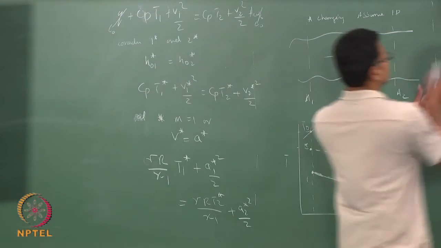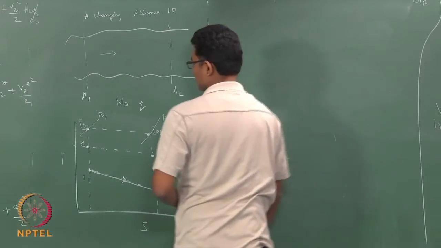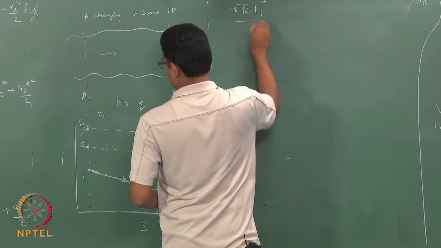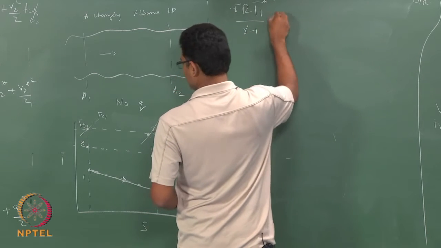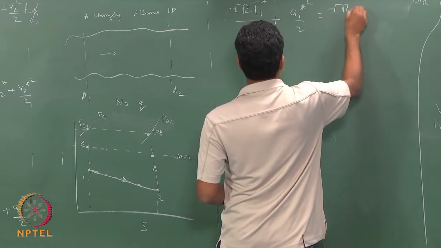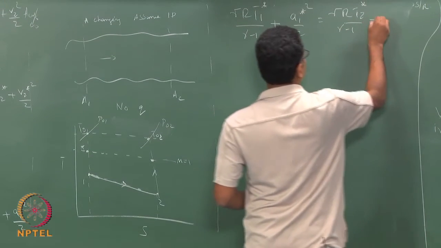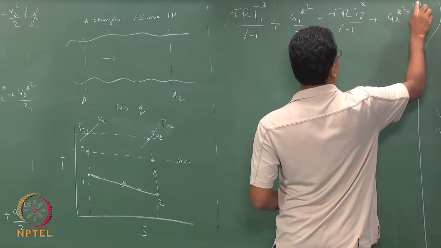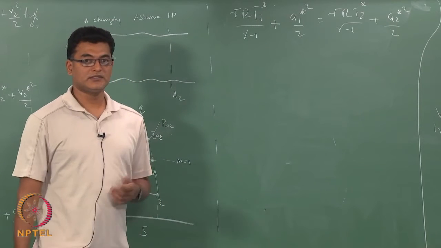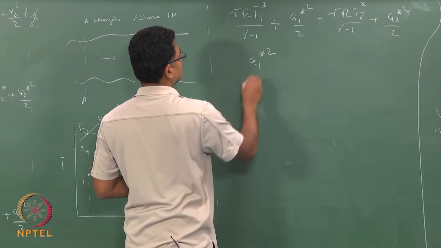So, I will rewrite that whole thing here: gamma R T1 star by gamma minus 1 plus A1 star square by 2 equals gamma R T2 star by gamma minus 1 plus A2 star square by 2. So, gamma R T1 is the velocity of sound square. So, I can replace that with this.